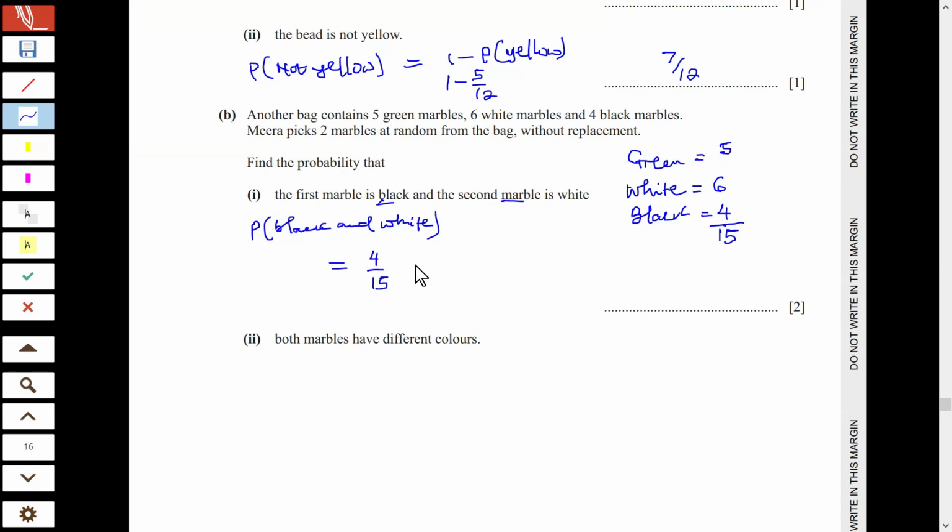And the probability of picking a second white will be reduced because it's without replacement. This affects the total number of marbles, because you picked one the first time, so this is going to be 6 out of 14. 6 over 14. If you simplify this, we get 4 over 35 as the simplest form for the answer.